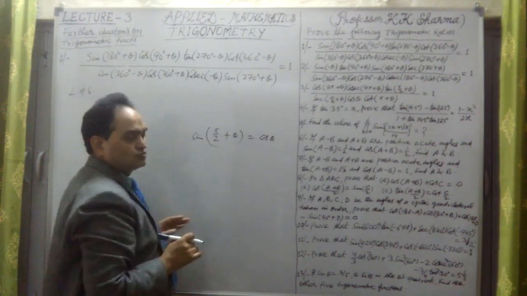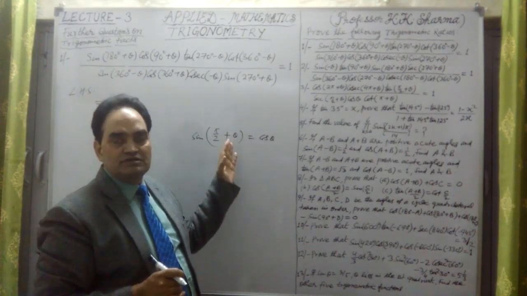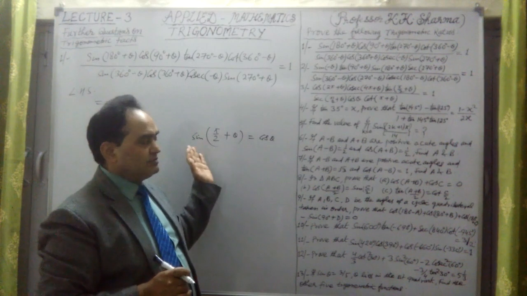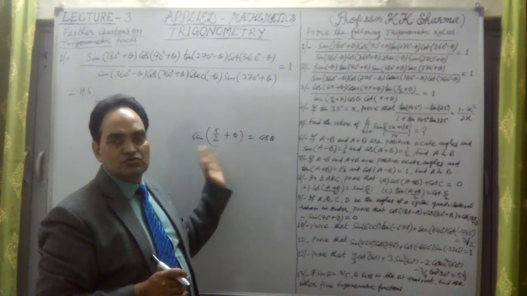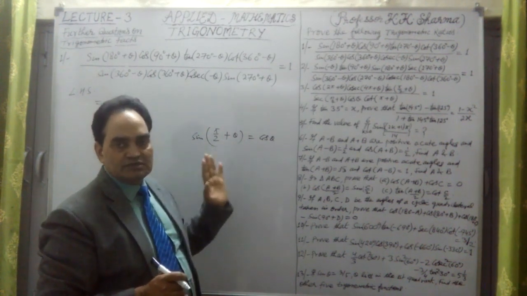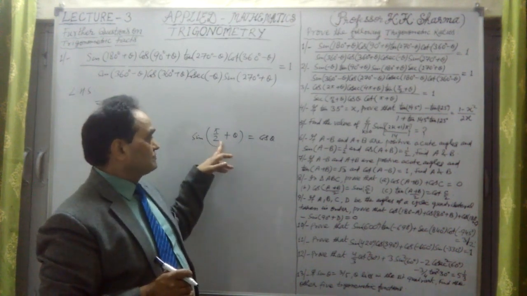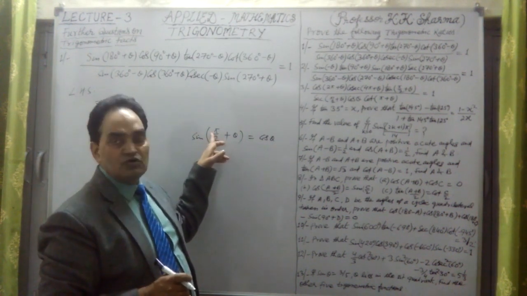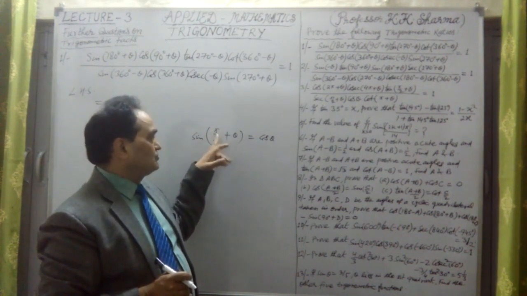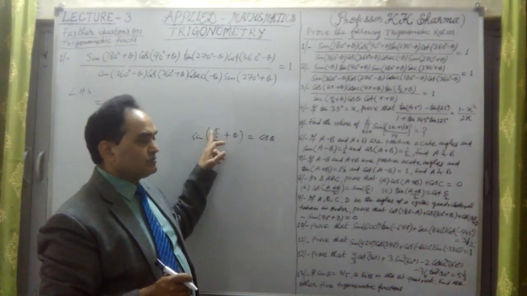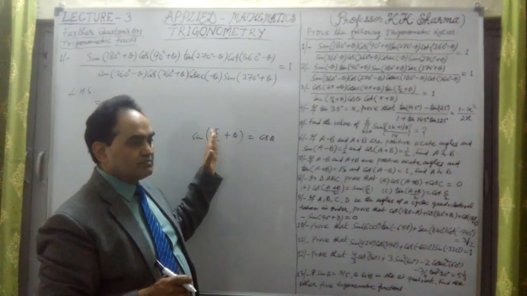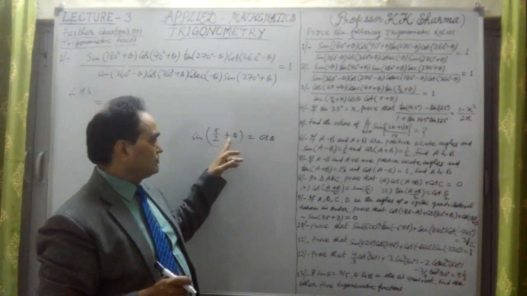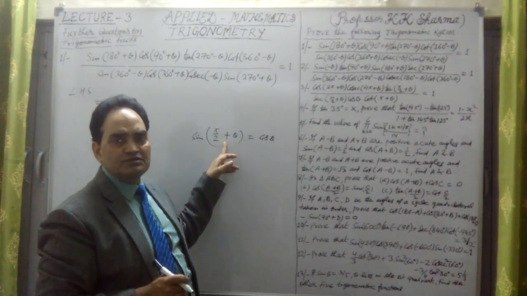So pi by 2 plus theta, pi by 2 minus theta, 90 minus theta, 90 plus theta: sine and cos interchange, tan and cot interchange, sec and cosec interchange. This is the process. Now if it is an odd multiple of pi by 2, like 3 pi by 2, 5 pi by 2, 7 pi by 2, for 3 pi by 2 plus theta, 3 pi by 2 is 270 degree.